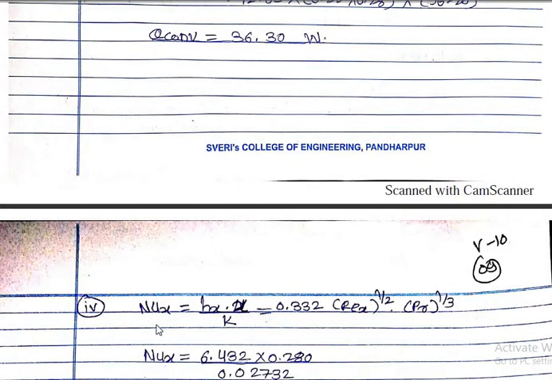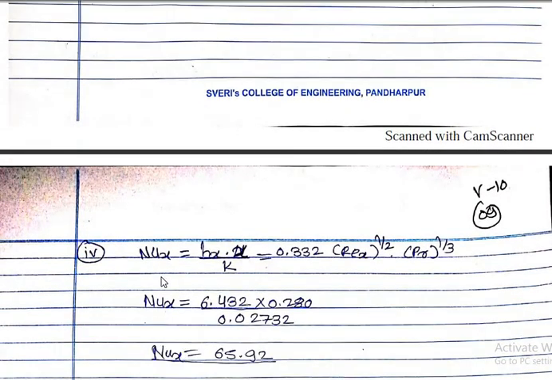Next is the average Nusselt number. First, the local Nusselt number: Nu_x is equal to h_x × x / k, where h_x is the local heat transfer coefficient, x is the distance of that location from the leading edge, and k is the thermal conductivity. This can also be written as 0.332 × Re_x^(1/2) × Pr^(1/3).